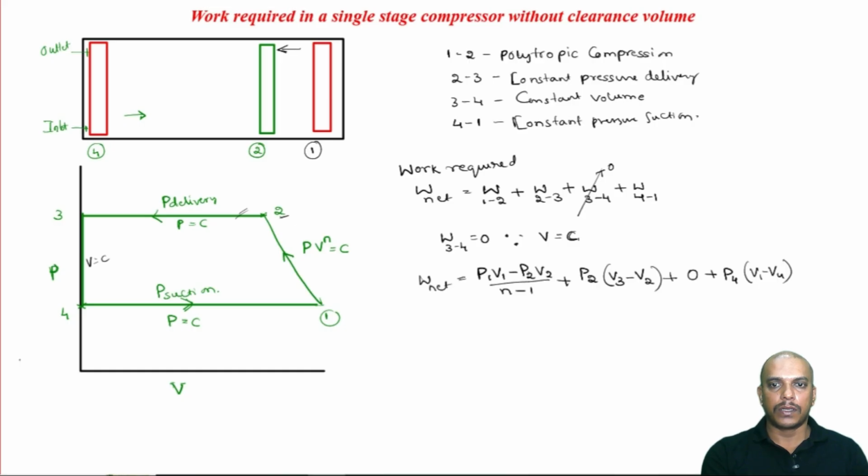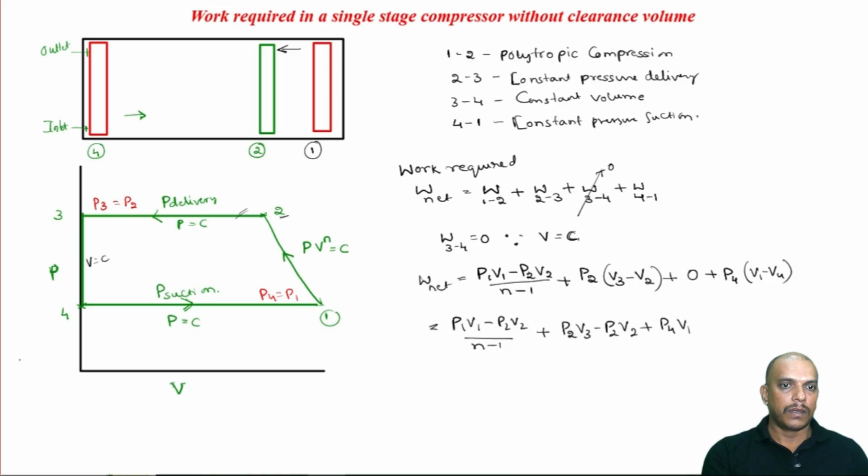Remember, P4 is equal to P1 because of constant pressure, and similarly P3 is equal to P2. Let us rewrite this equation: divided by n minus 1, plus, multiplying inside, P2 V3 minus P2 V2 plus P4 V1 minus P4 V4.